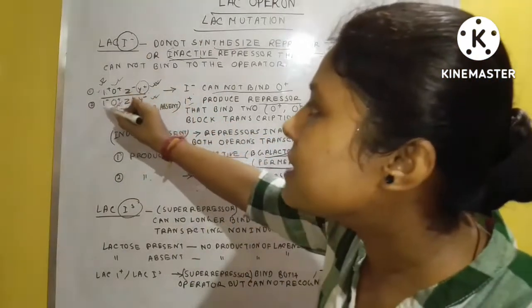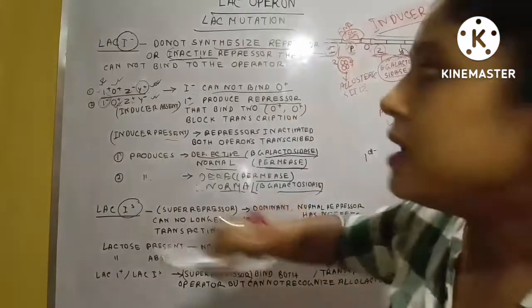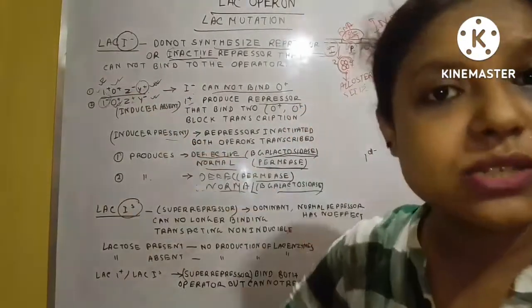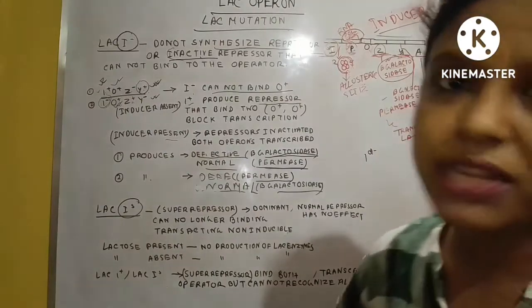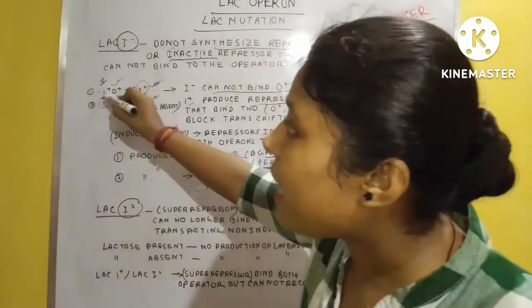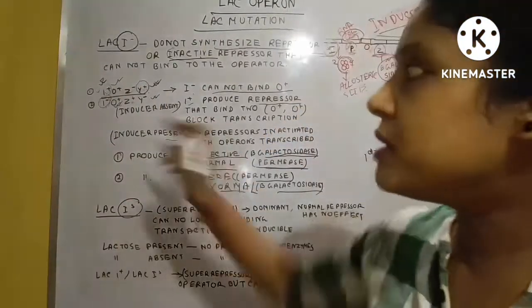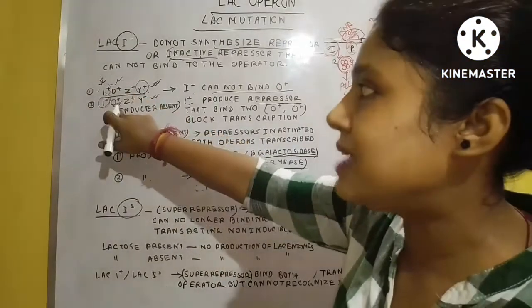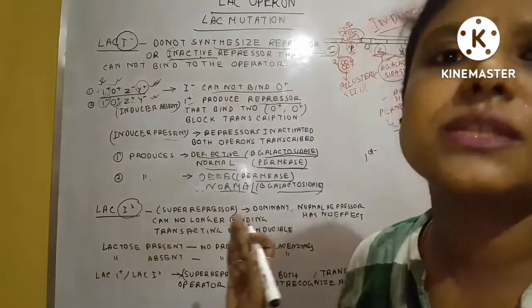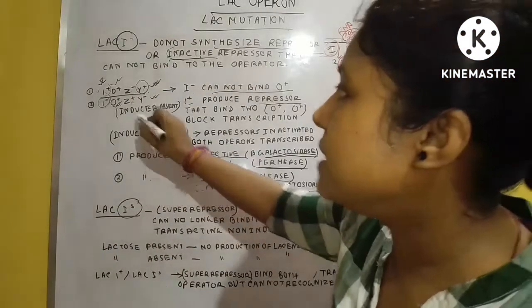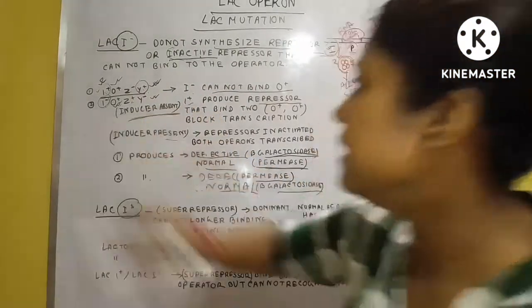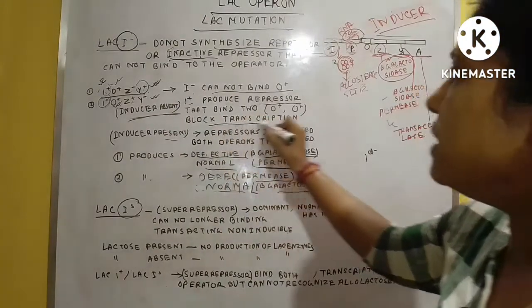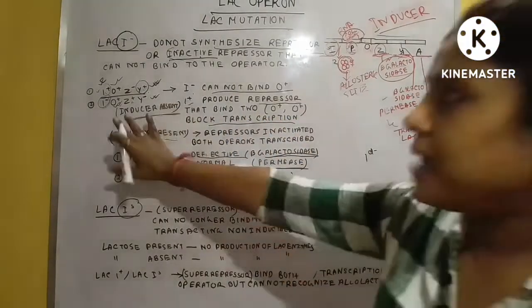I minus is the mutant, so the regulator protein is not formed, or if it is formed, it is inactive. But in case of I plus, the regulator protein is produced, obviously sufficient, that blocks the two O plus and totally stops the transcription process in the absence of inducer. Clear? This is the I minus mutation.